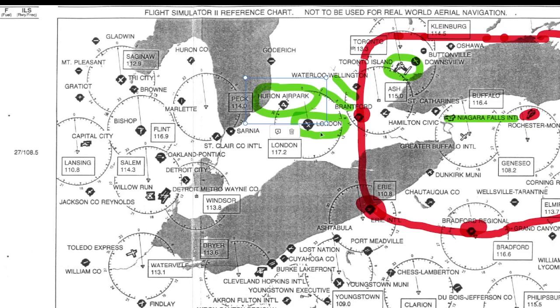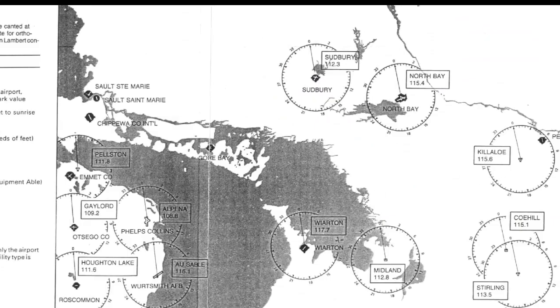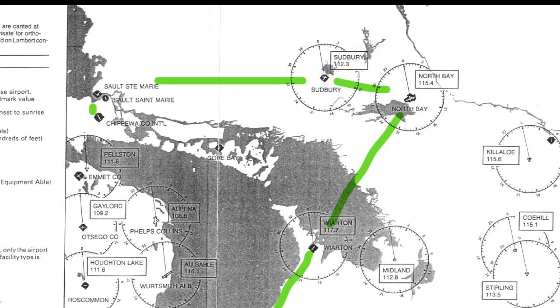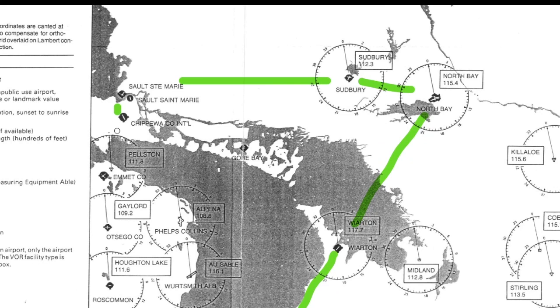In case you want to kind of look ahead of where we're going, we're basically going to go in this direction. If we bring up the north map, we'll be coming up here from the south and go into Wyerton, North Bay, Sudbury, over here to Sault Ste. Marie, Chippewa, and then we'll be working our way down.